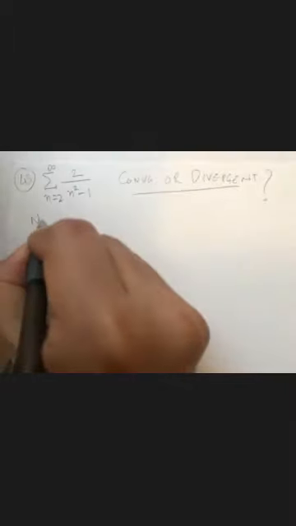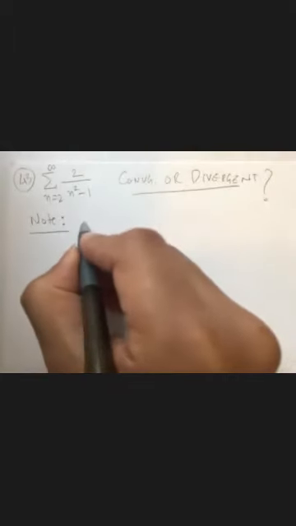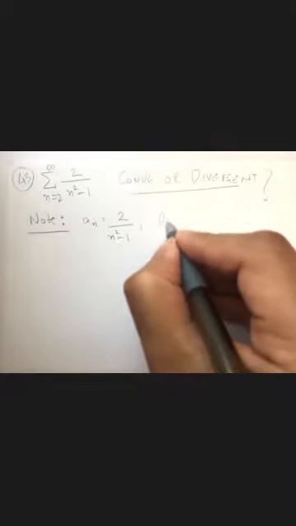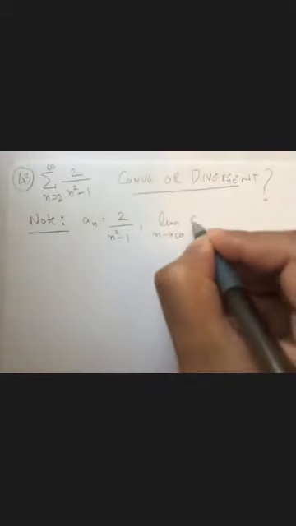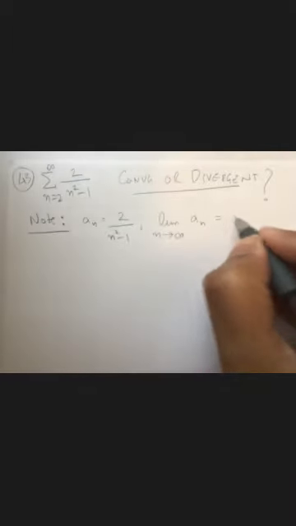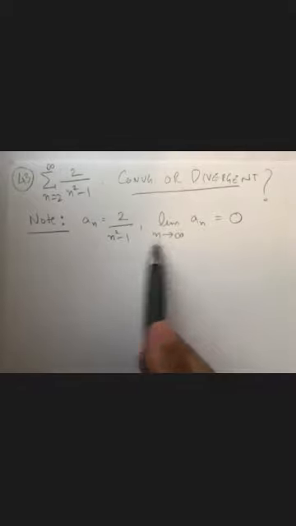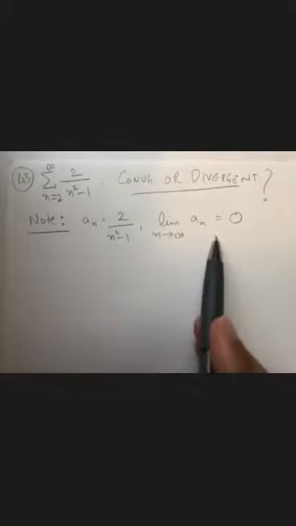One thing to note, right? Because as n goes to infinity, denominator goes to infinity, so this becomes 0.